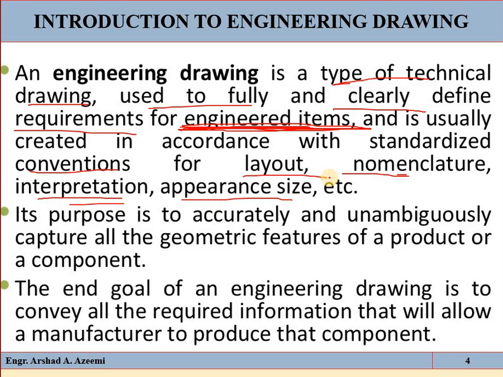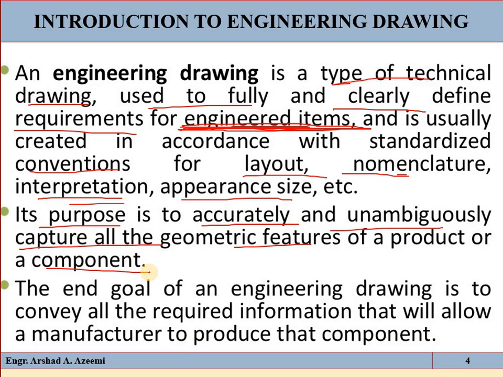So to fully and clearly define the requirements of an engineering item, of a scientific output, that is called the engineering drawing. And what is the purpose of the drawing? It is to accurately and unambiguously capture all the geometric features of a product or component.